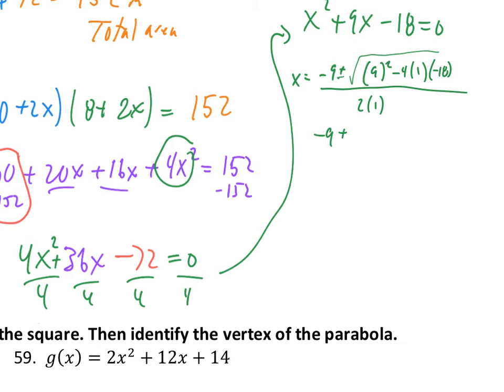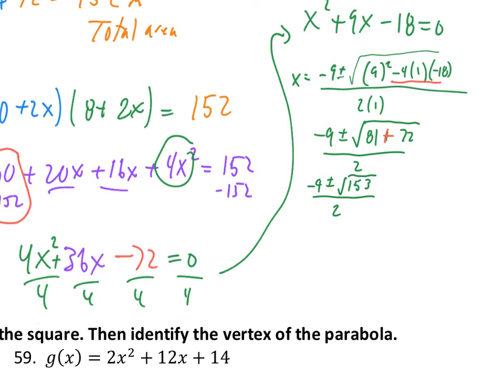That is negative 9 plus or minus the square root of 81 plus, since there's 2 minuses there, it's plus, 4 times 18 is 72, all over 2. 81 plus 72 is 153.